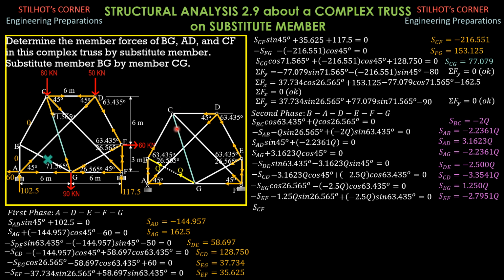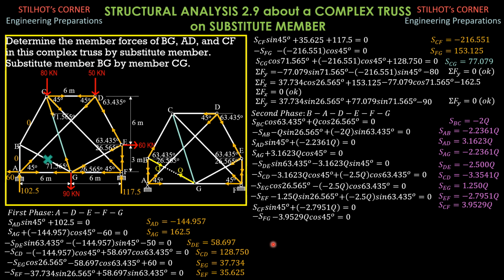So we have SCG cosine of 71.565 degrees plus SCF, so plus 3.9529Q cosine 45 degrees plus SCD, plus negative 3.3541Q, then minus SBC, so minus quantity negative 2Q cosine of 63.45 degrees equals 0. So solving for SCG, SCG is equal to negative 1.0608 of Q.